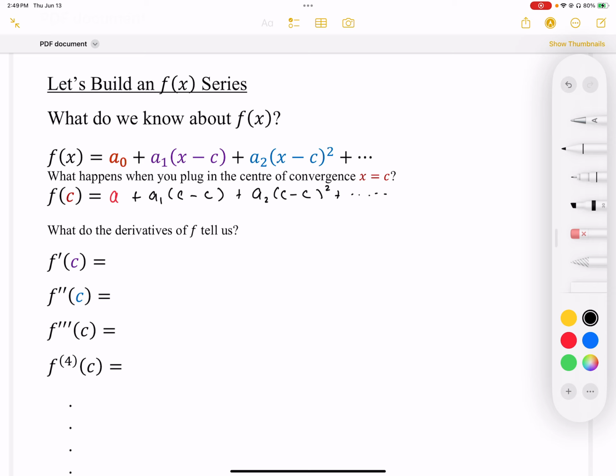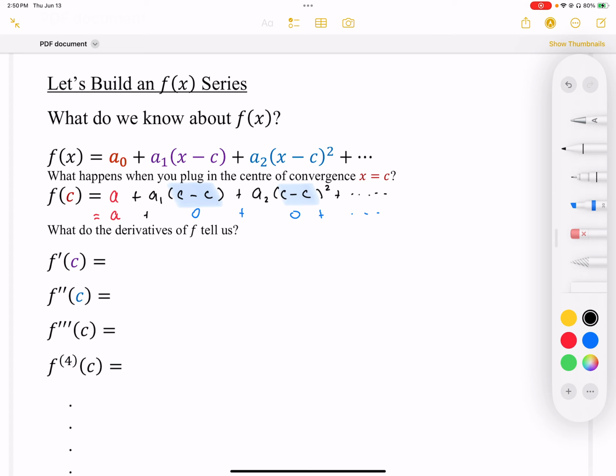We can see right away that all the power terms are going to be equal to 0, so everything collapses. We end up with plus 0, plus 0, and so on. If we evaluate this function at c, we get a0. That tells us the first coefficient.